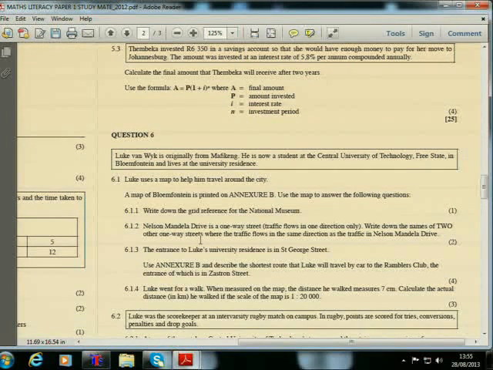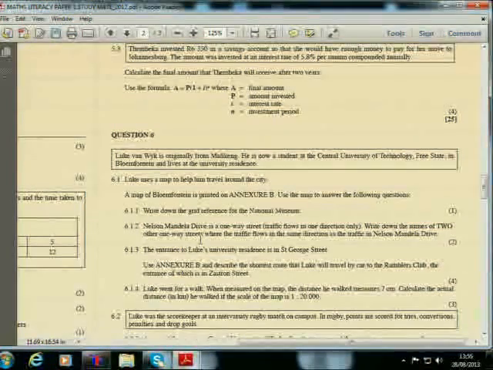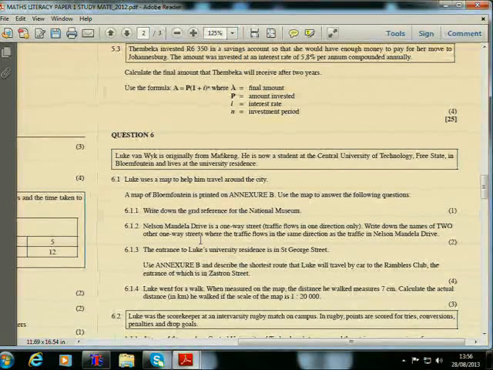Now we have to calculate the final amount that Tembeka will receive after 2 years. We are given a formula of A equals P into (1 plus i) to the power n, where A is the final amount, which is what we will be calculating. P represents the amount that is invested. i is the interest rate, and n is the investment period.